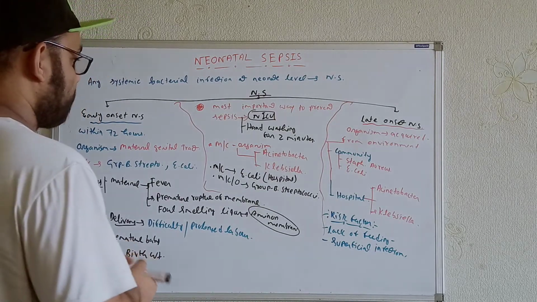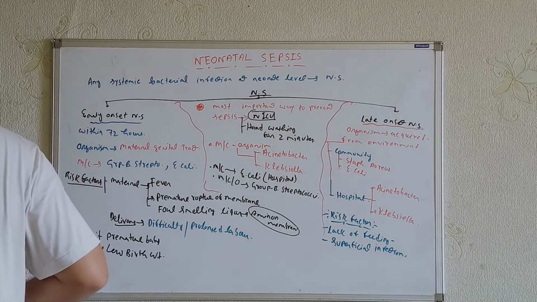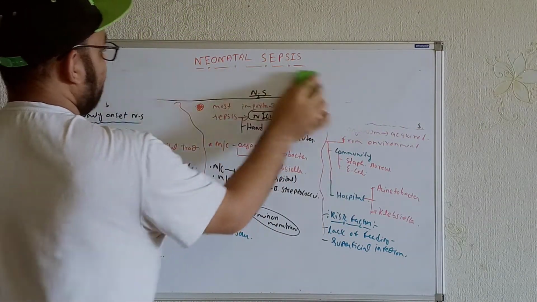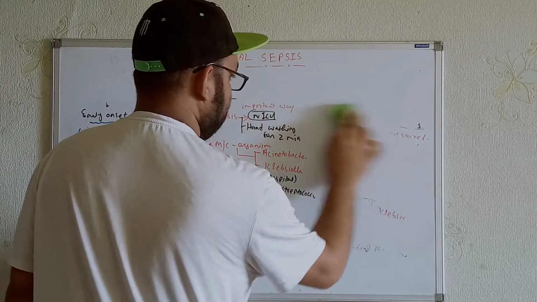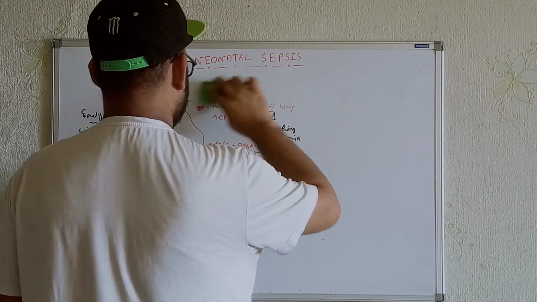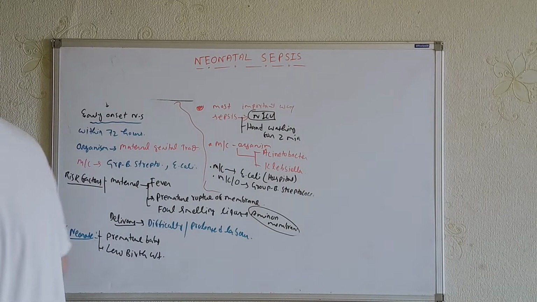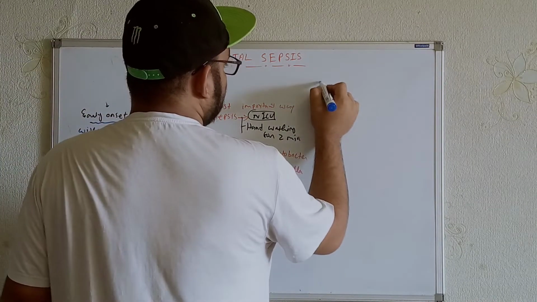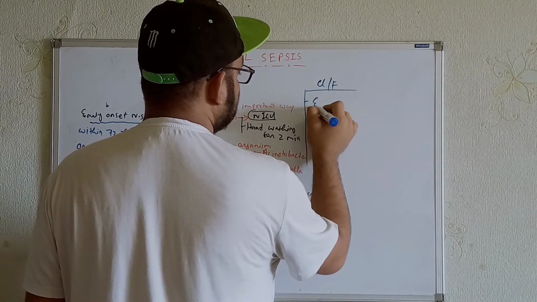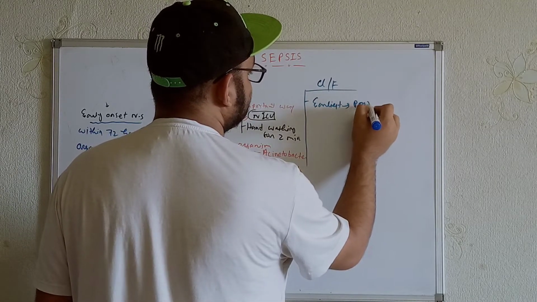Now we'll talk about the clinical manifestations. What clinical manifestations will we get in these cases? Let's write it here. The earliest clinical manifestation in these cases is poor feeding.